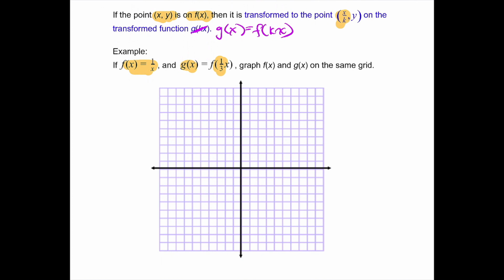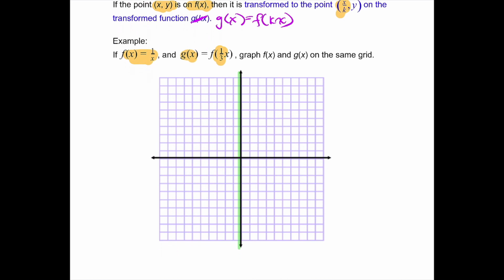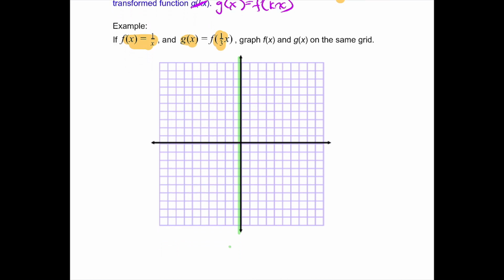And since g of x has no horizontal or vertical translations and is not being shifted at all, the asymptote is going to stay as well. So here we're going to get x is equal to 0. So that's the vertical asymptote. And the horizontal asymptote is y is equal to 0.